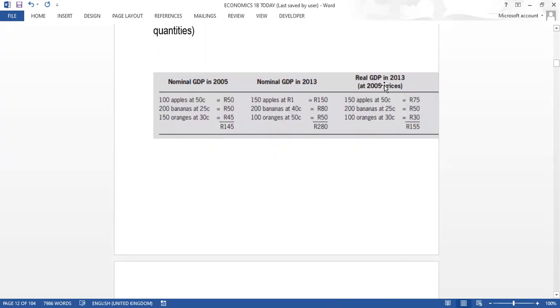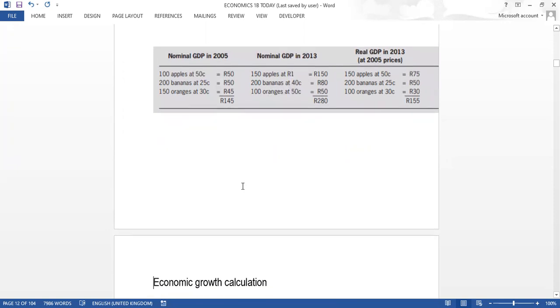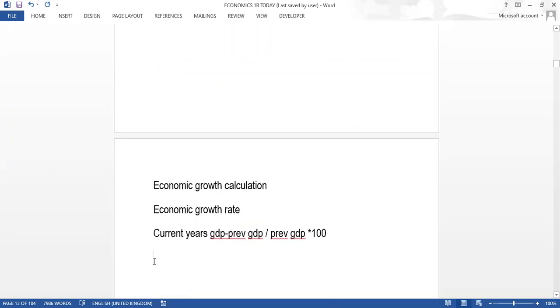Applying that to this particular example in real terms, you can see that real GDP in 2013 amounted to 155 and in 2005 amounted to 145. So 155 minus 145 over 145 would give us the value of economic growth. In simple terms, it's 155 minus 145, all of that divided by 145, then we multiply that by 100.